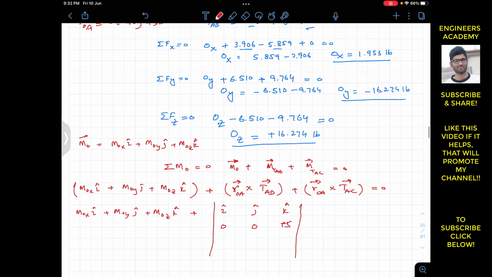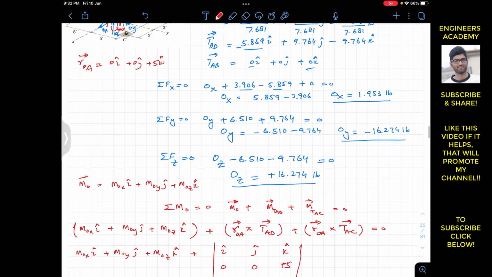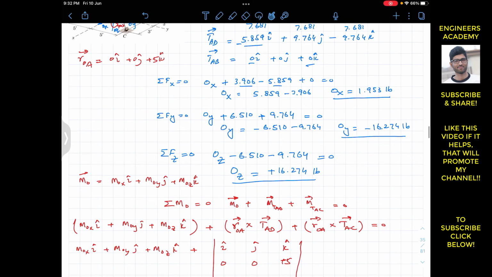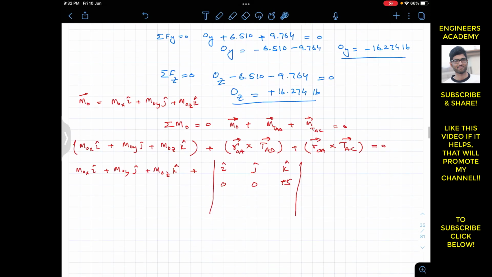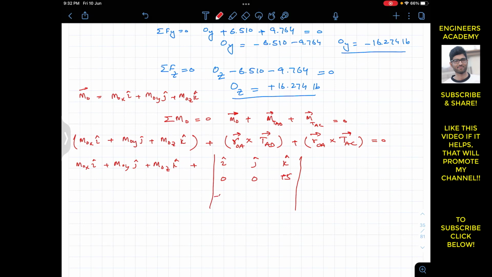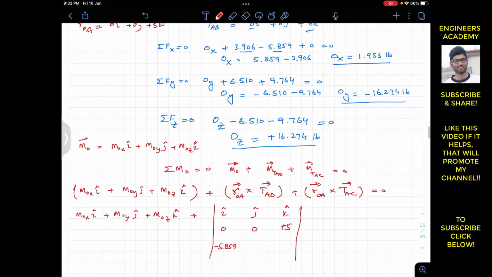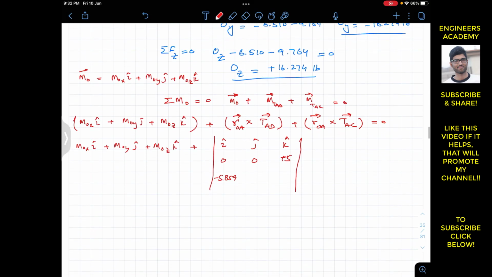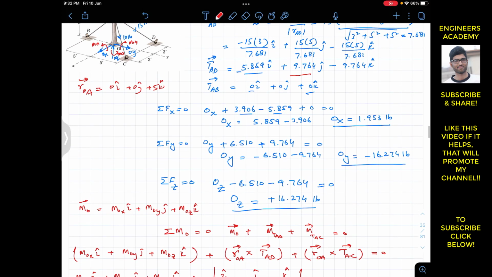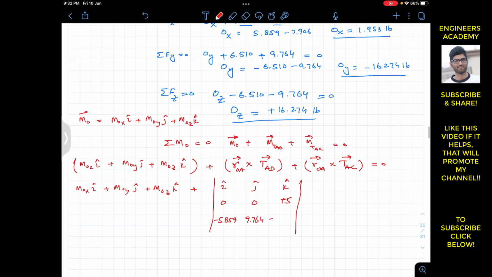And similarly, the components of the tension from A to D are minus 5.859, minus 5.859, then plus 9.764, and then we will have minus 9.764.